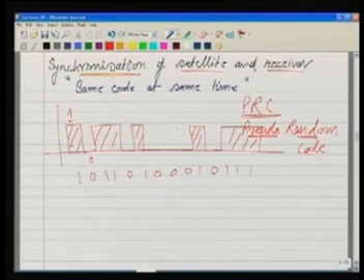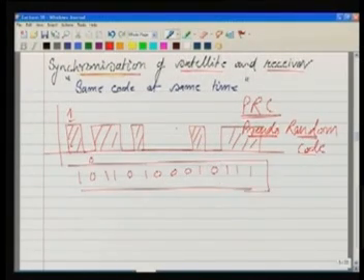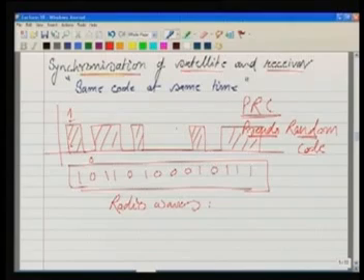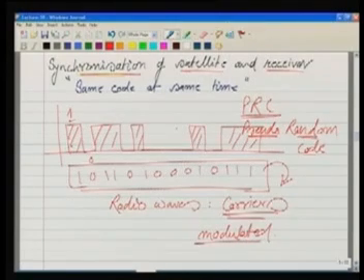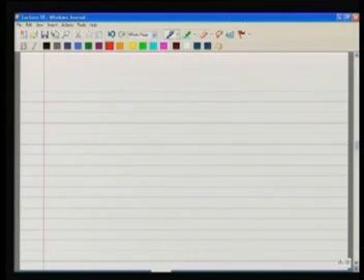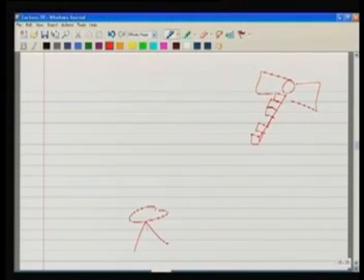So basically over the carrier, because as we were saying, the satellite is transmitting the radio waves, which are the carriers, over these carriers this particular signal has been modulated, and the same signal is also being generated by our receiver. So our satellite is transmitting this signal, and the receiver is also generating the same signal at the same time.